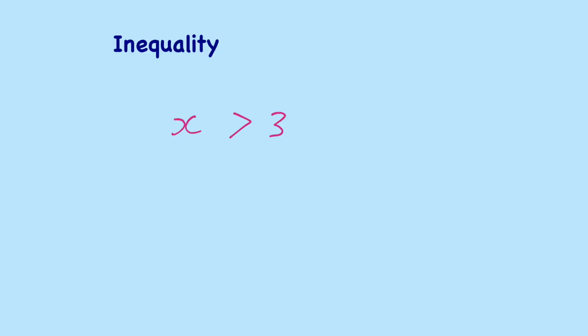So we have x is greater than 3. So that means that x could have the values of 4, 5, 6, etc. But it can't be 3 because x is greater than 3. For this one, x is less than 5.